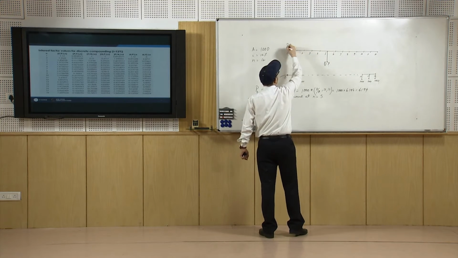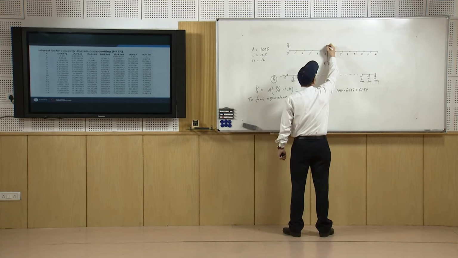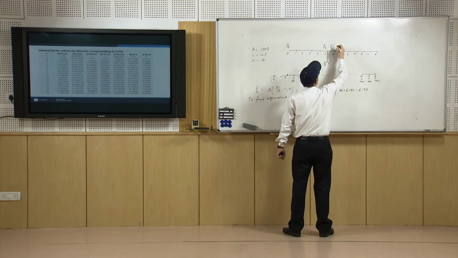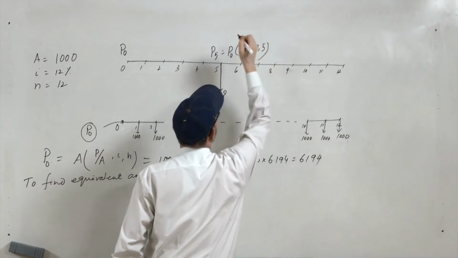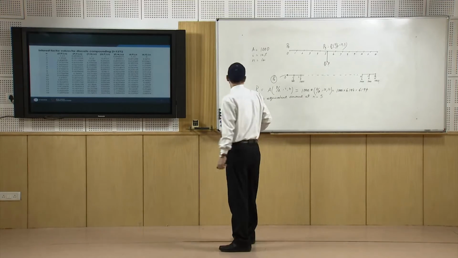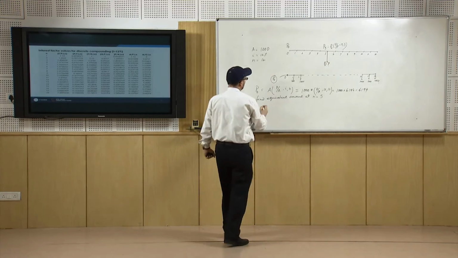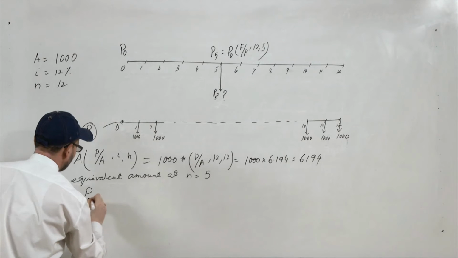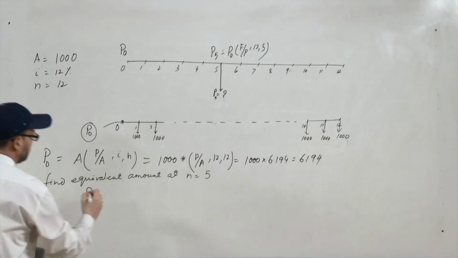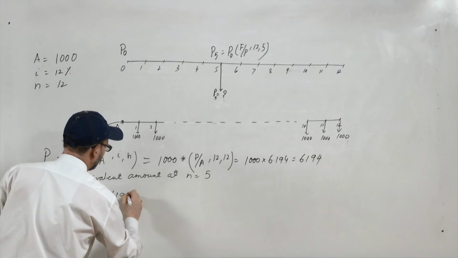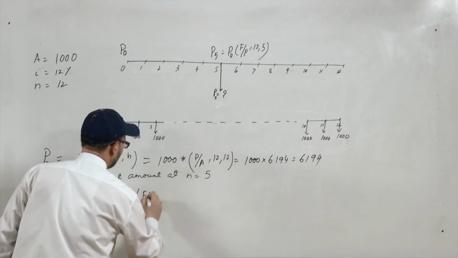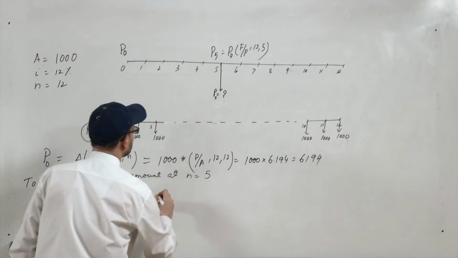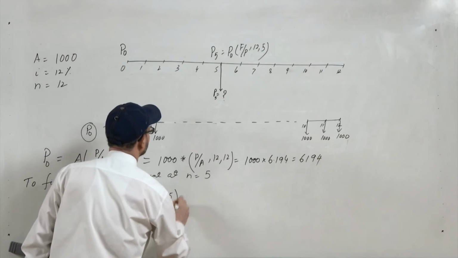So, P5 will be equal to P0 times F by P 12 5. P5 comes out to be 6194 times F by P 12 5.